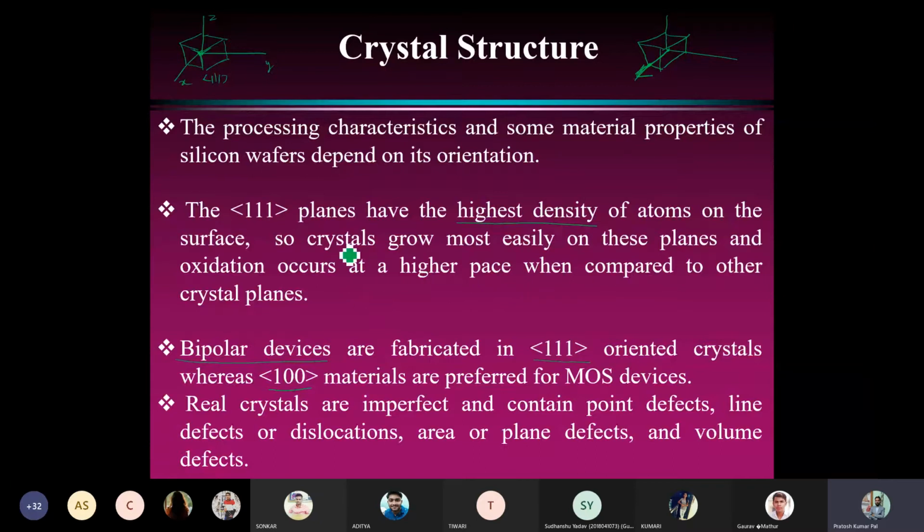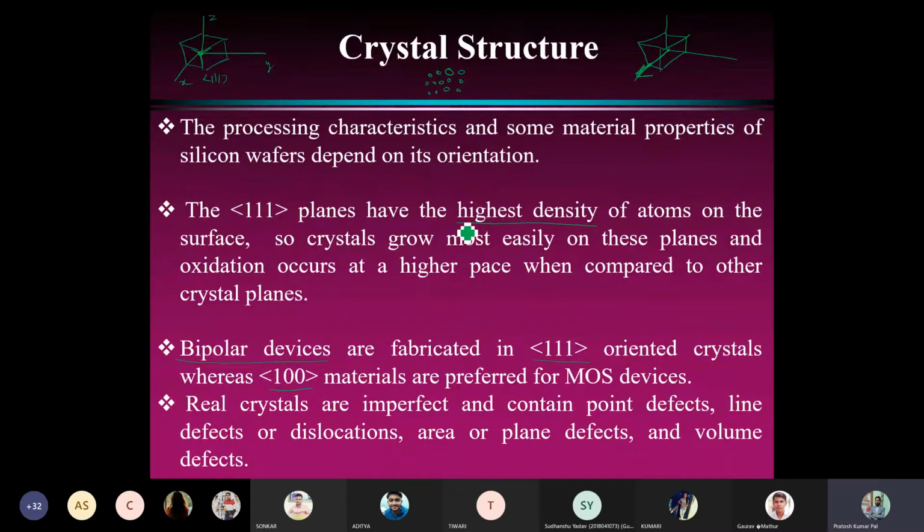As it has higher density, the placement of atoms is very close, there are a higher number of atoms, so it will have a higher surface area.